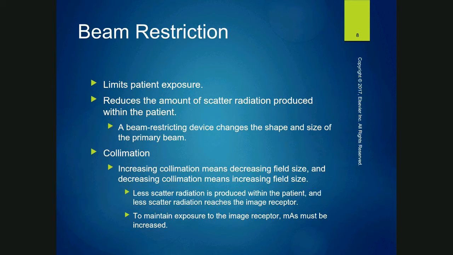But just be aware that when you go from a larger area to a smaller area, you are decreasing your exposure to the IR. When you really think about it, if you're having say 1 million photons, but you're only letting them out of an area this big versus this big, it's going to be a decrease in the number of photons that hit the image receptor, right?